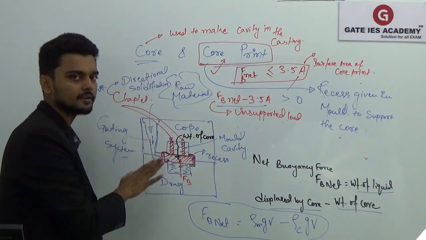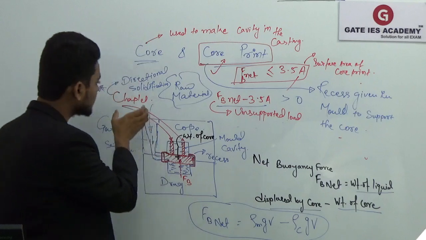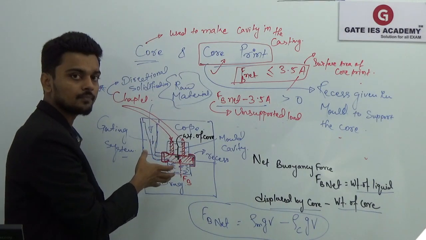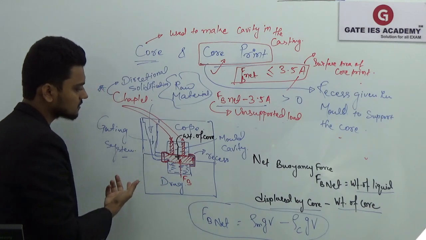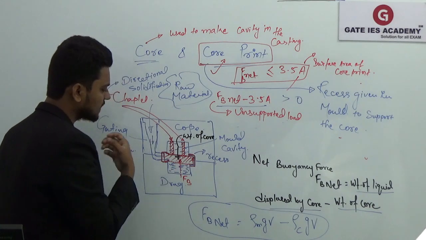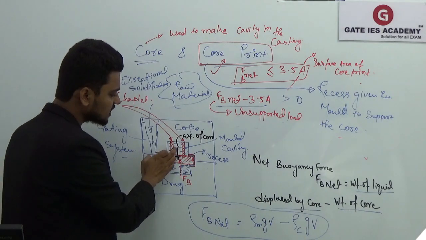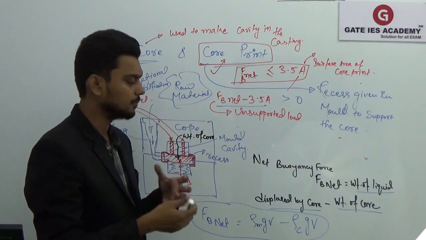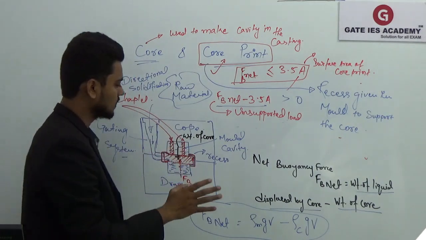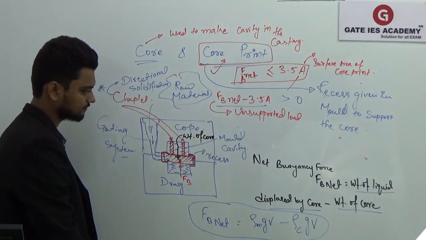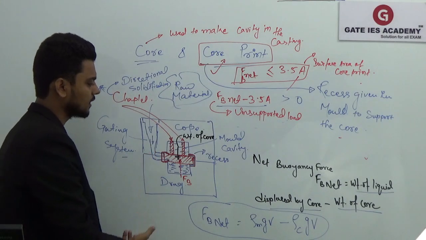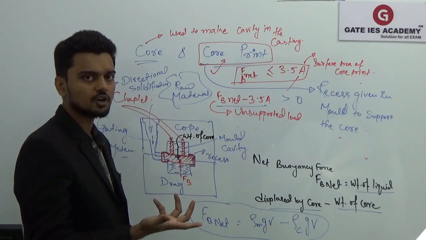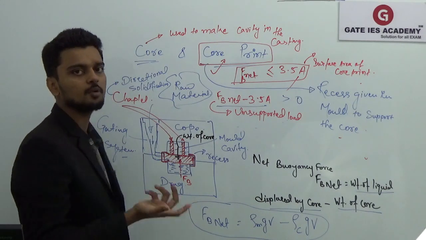Now the material of that chaplet is same as that of your molten metal. It is assumed that the heat present in your molten metal will melt your chaplet. It will mix with that molten metal and we'll get that product. Obviously that chaplet is to be free from moisture, otherwise it will cause defects in your casting, like blowholes.